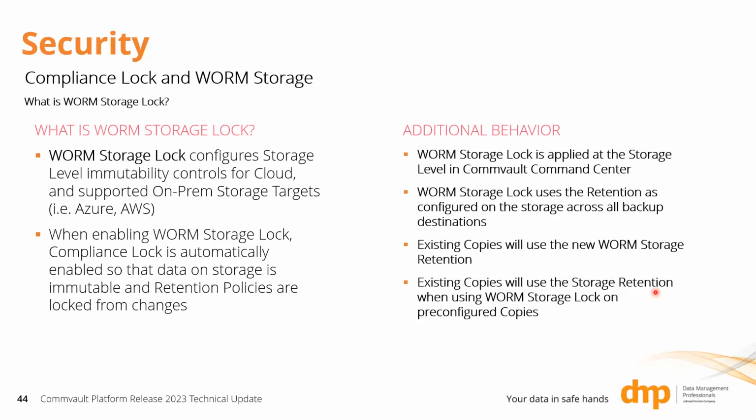With your warm storage lock, it really locks it at the hardware level as well. So that means even if you have the credentials to go to your cloud storage, and normally you should be able to delete that data, you can't do that anymore. So you really have an immutability of changes or deletion of your backup data at your hardware box.